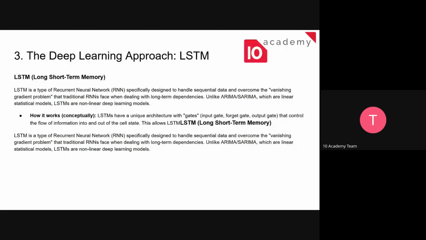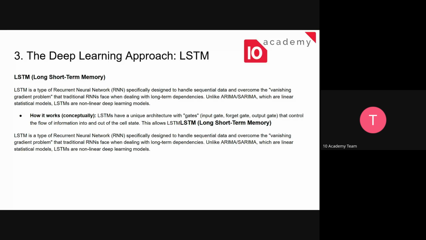So that is the problem traditional RNNs face when dealing with long-term dependencies. ARIMA and SARIMA are linear statistical models, while LSTMs are non-linear deep learning models. Conceptually, LSTM has a unique architecture with gates: input gates, forget gates, and output gates.